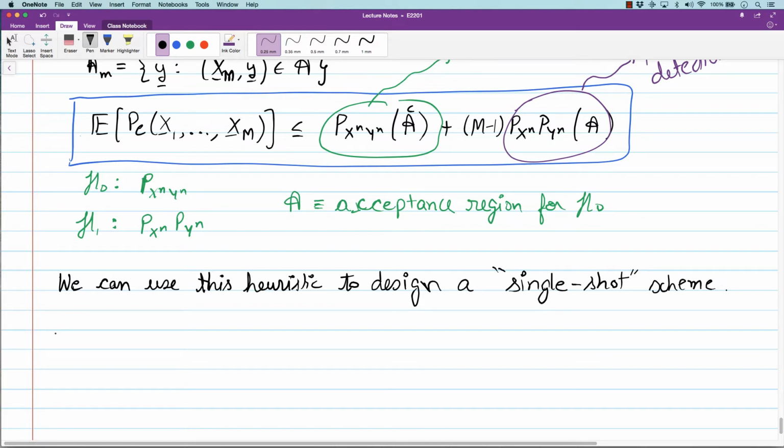So here is the formal theorem that we can prove. Consider a channel W from X to some Y, and a distribution Px on the input.